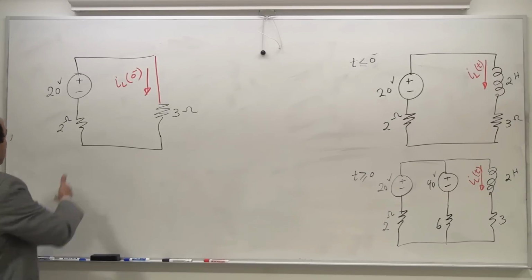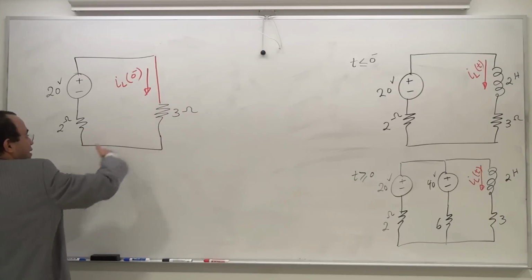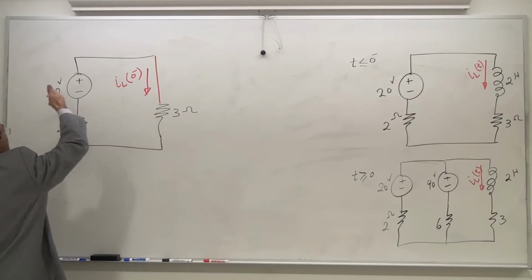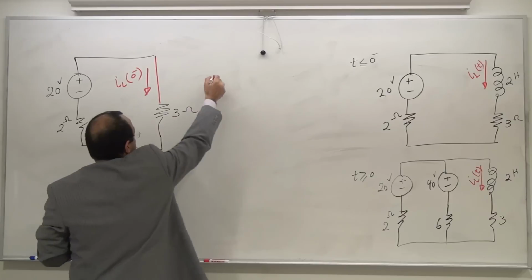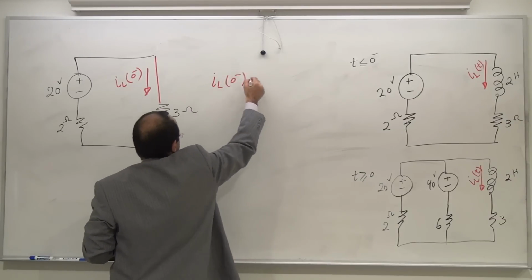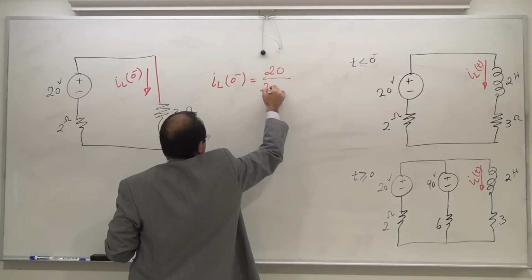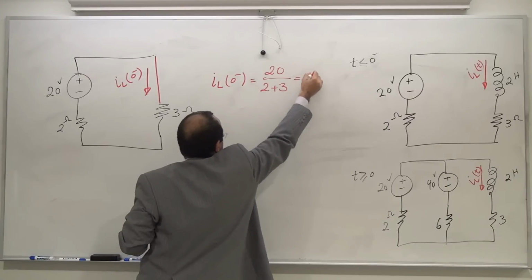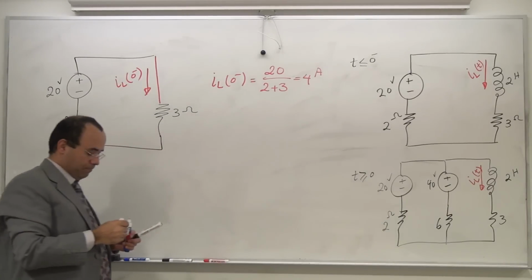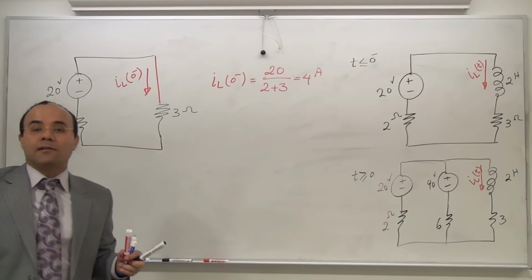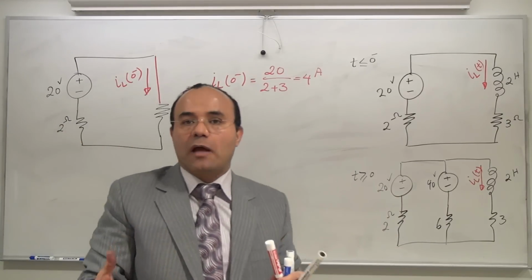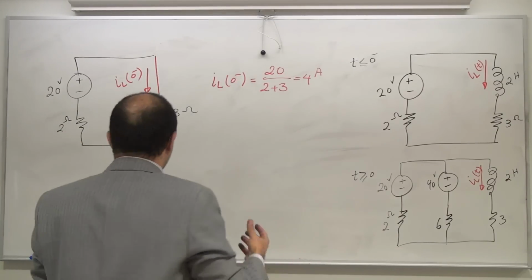Well, what do you see? You see a 2 ohm and a 3 ohm in series. IL of 0 minus is equal to 20 divided by 2 plus 3, that's going to be 4 amp. I got the juice out of the system for before the switching event.